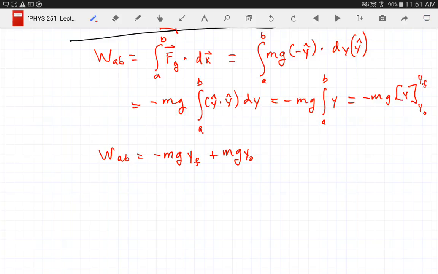It just stored it. So we define this potential energy. Energy is the ability to do work. Potential energy is the ability to do work because of the configuration. In the case of the spring, it's because of how much you've stretched the spring. In the case of gravity, it's how much you lifted the box.